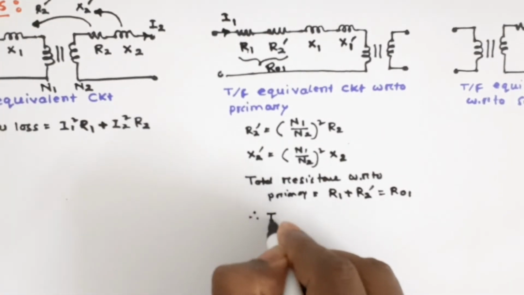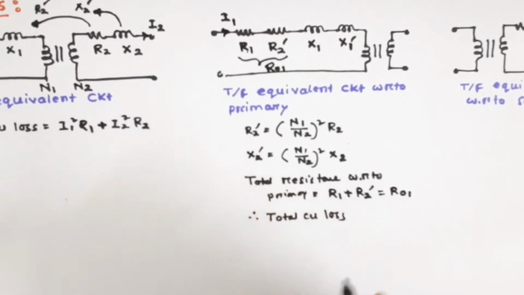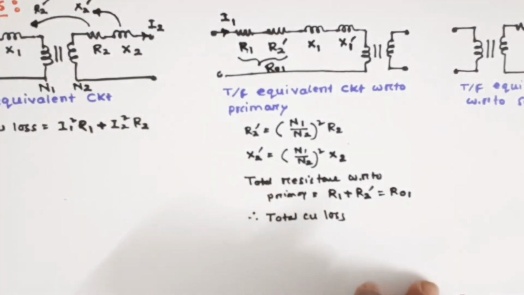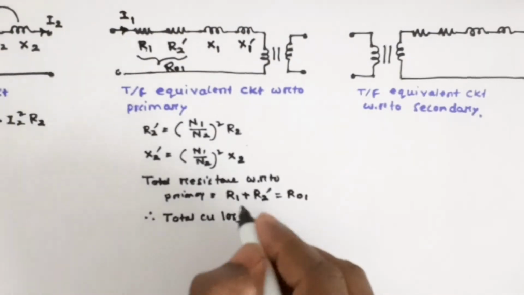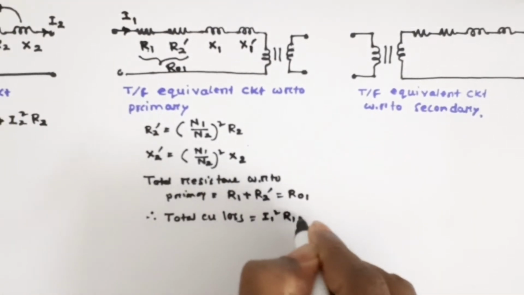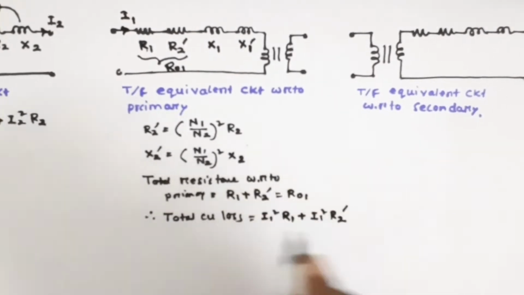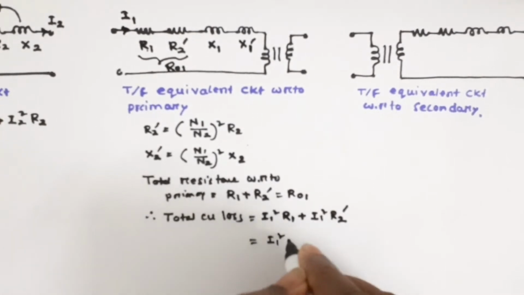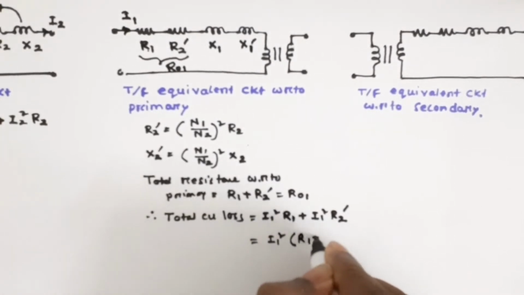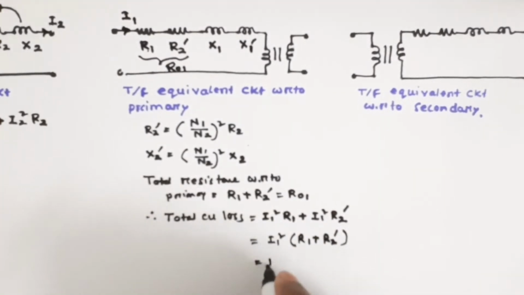Therefore, total copper loss with respect to primary is given by I1 square into R1 plus I1 square into R2 dash, that is I1 square into R1 plus R2 dash, that is equal to I1 square into R01.